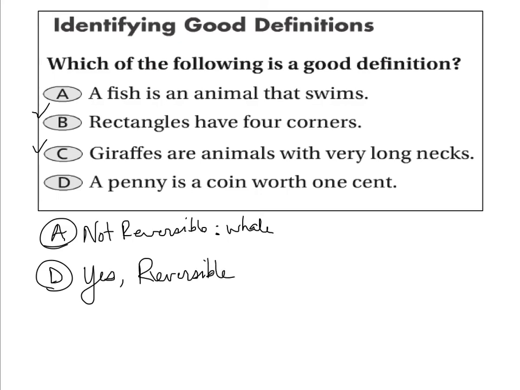I can write it as a biconditional. I could say a penny is a coin if and only if it's worth 1 cent. Or the coin is a penny if and only if it's worth 1 cent. Or the coin is worth 1 cent if and only if it is a penny.